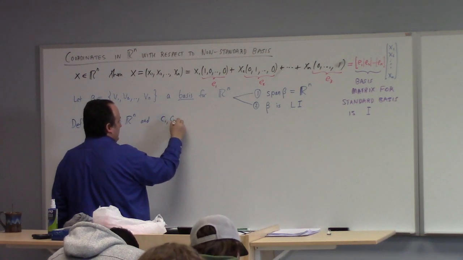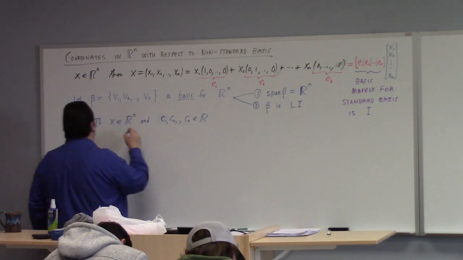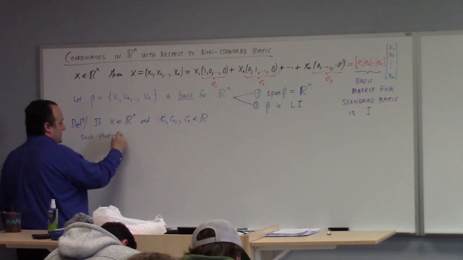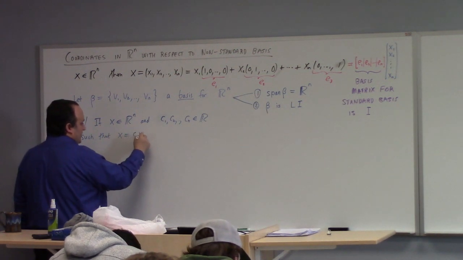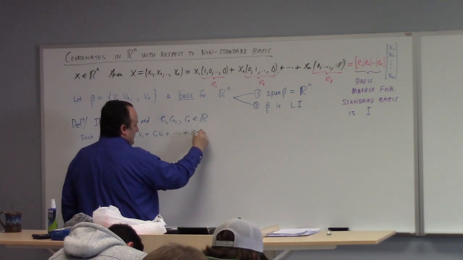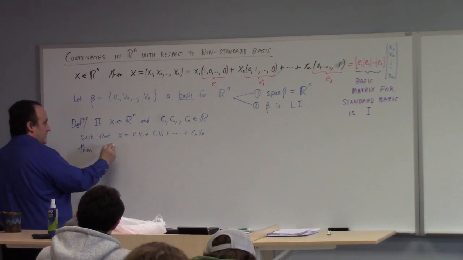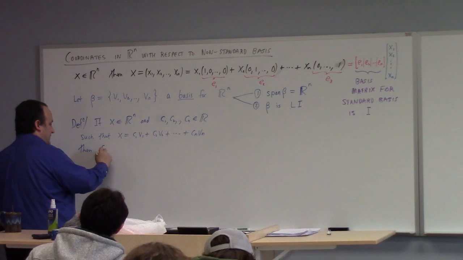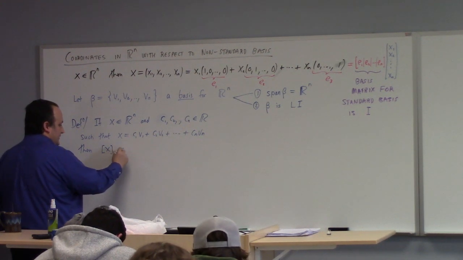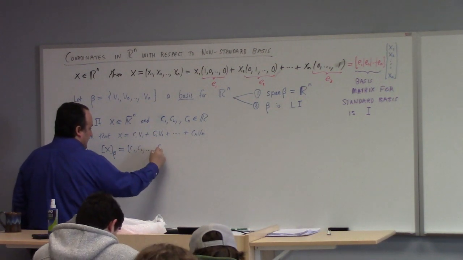C1, C2, Cn are real numbers such that x is equal to C1 V1 plus C2 V2 plus up to Cn Vn, all right, then the coordinate vector of x with respect to the beta basis is equal to C1, C2, Cn.